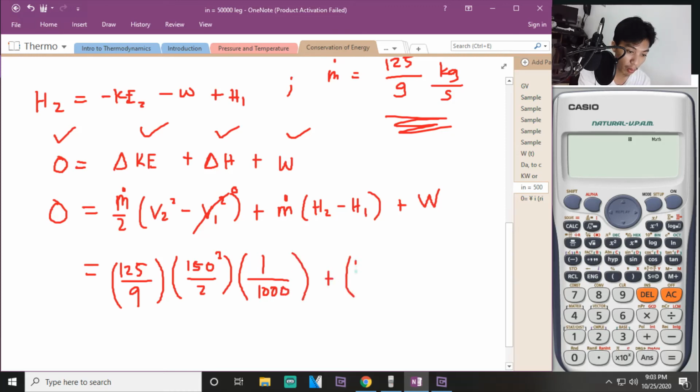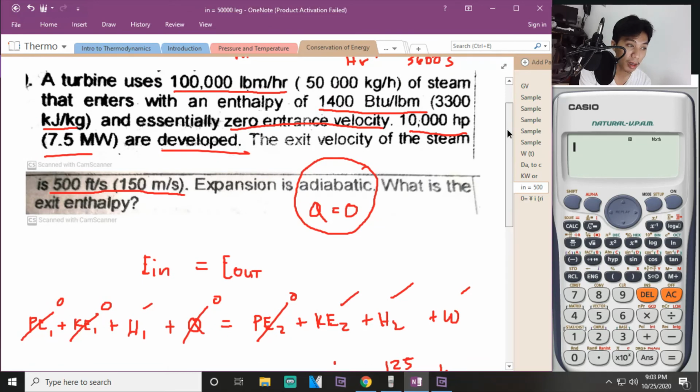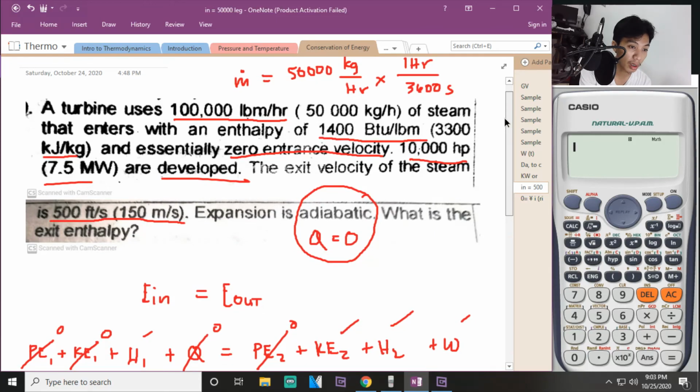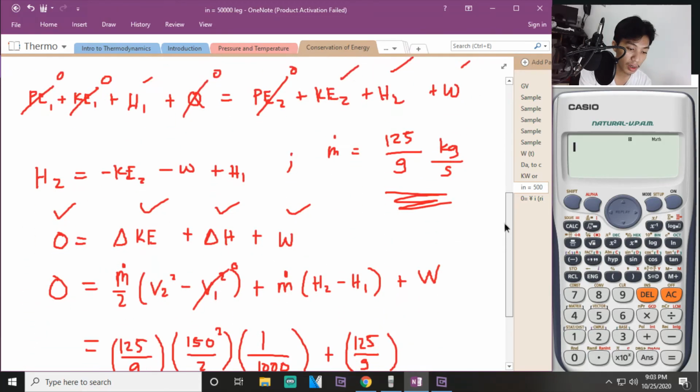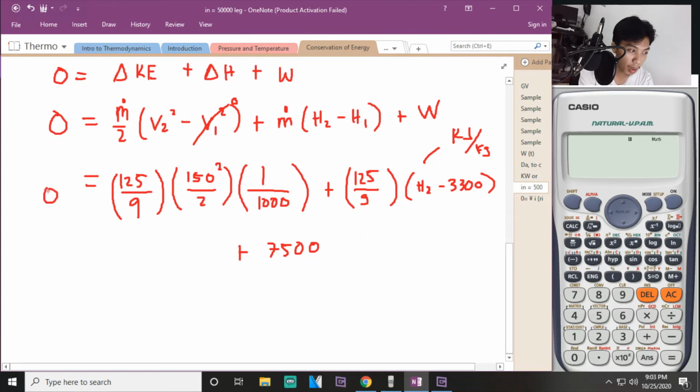Plus, yung M ulit, 125 over 9, times the enthalpy. So, the enthalpies na binigay dyan is 3,300. Okay. So, matitira H2 minus 3,300 plus yung 7,500 to make it in kilowatt. Lahat to naka-kilowatt. Ito, pag binultiply mo, ang lalabas din kilowatt. Pero to dapat to is kilojoule per kilogram. Okay.